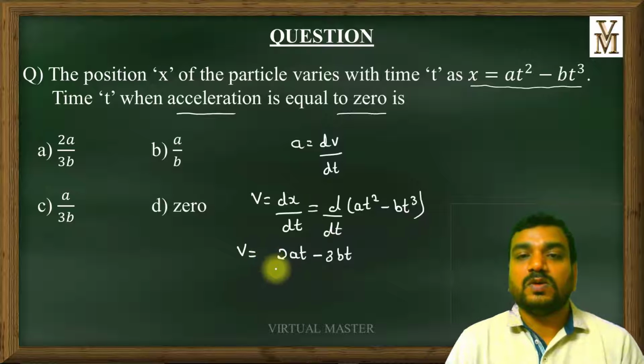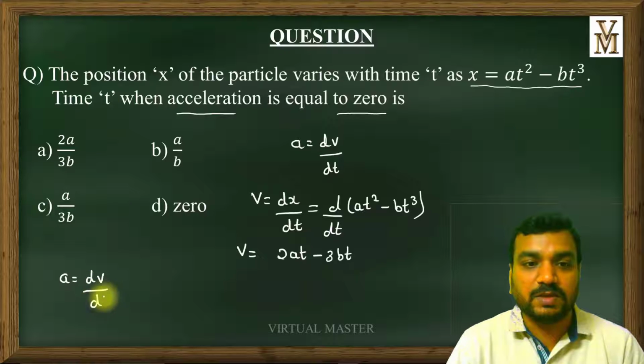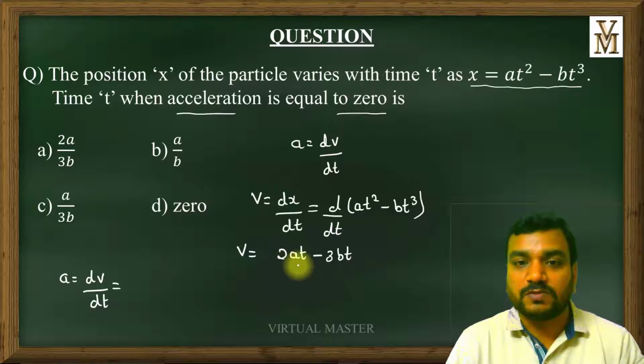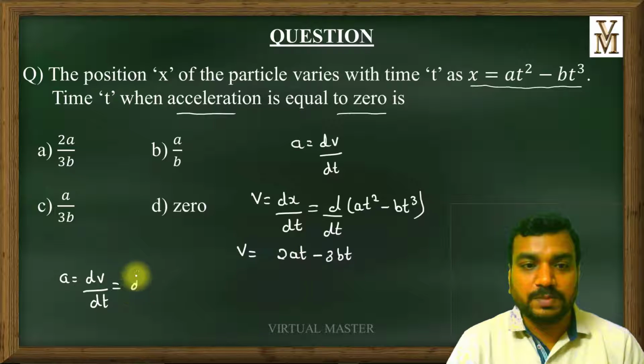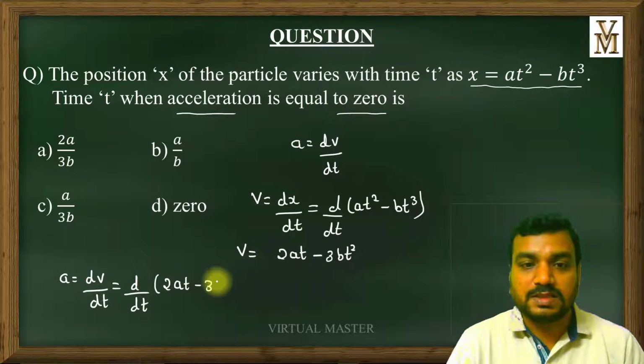Now let us find the acceleration. Acceleration will be equal to differentiation of velocity, that is dv by dt. And what is v? Just now we have found out the equation for v, right? So d by dt of 2at minus 3bt square.